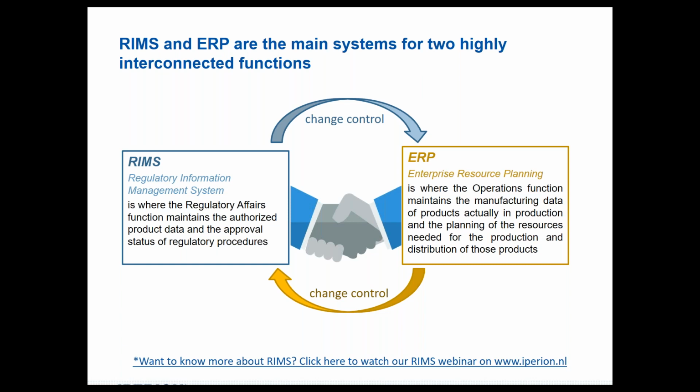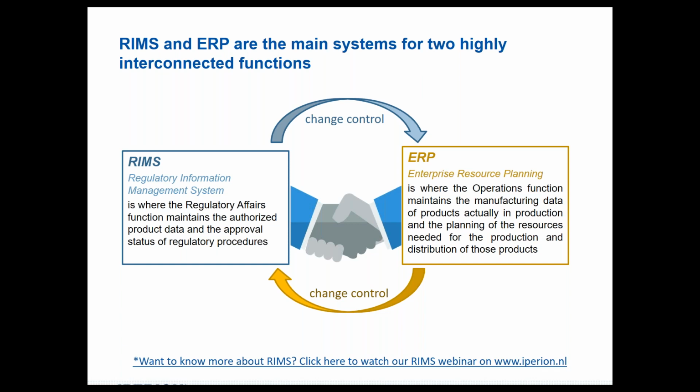All of that is described in a dossier, but that's also translated into what we call a regulatory information management system. Because with having so many dossiers, it's important to have a good overview of all those characteristics of the dossiers that you have. We've gone into much more detail on this topic in our RIMs webinar, which you can still find on our website.